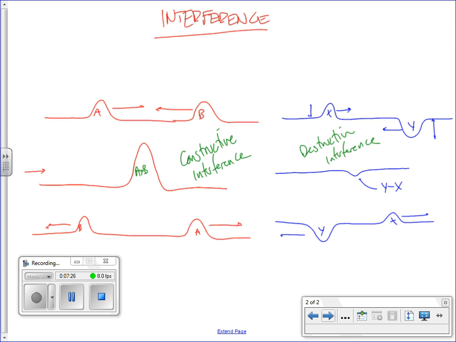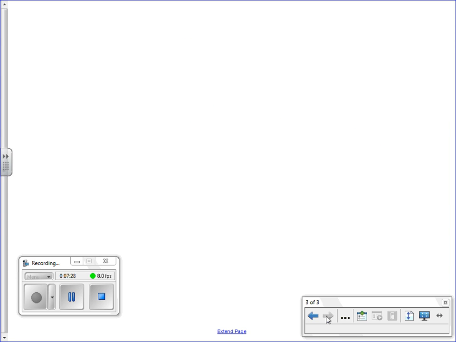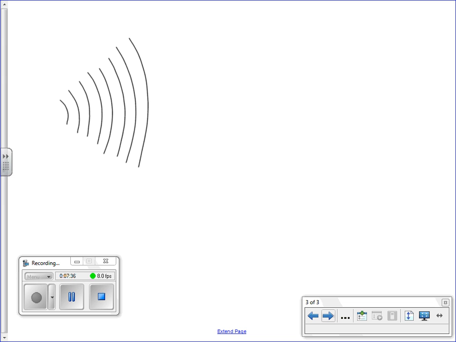What else? You can also see that in some different ways. Like if we said that here's a wave coming out of a speaker. These things are called wave fronts. This is literally a peak and a peak and a peak and a peak and a peak and a peak. Each one of these lines represents a peak.